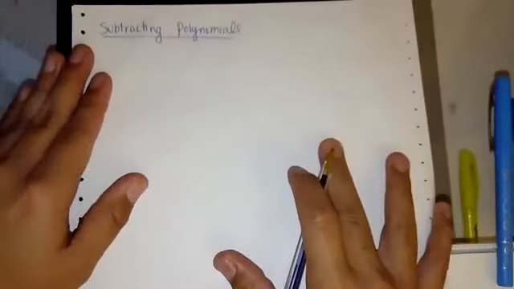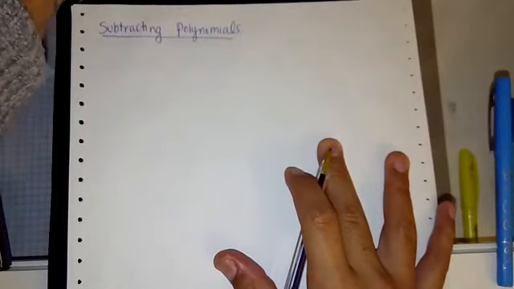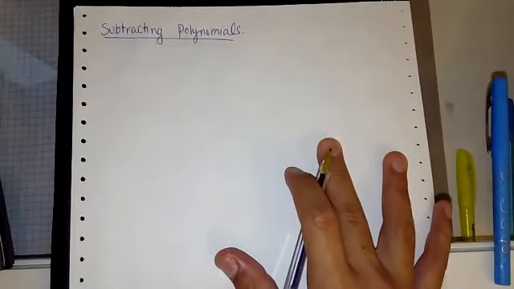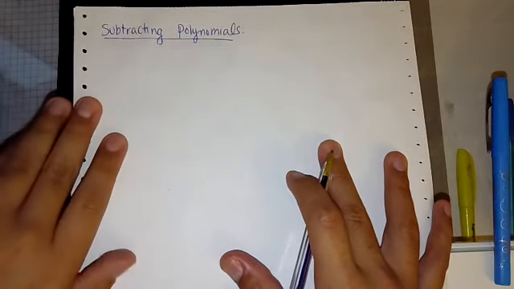So the process for subtracting polynomials is also relatively simple. You're not going to be changing the exponents on any of these problems. But there is a slight complication with subtracting polynomials.